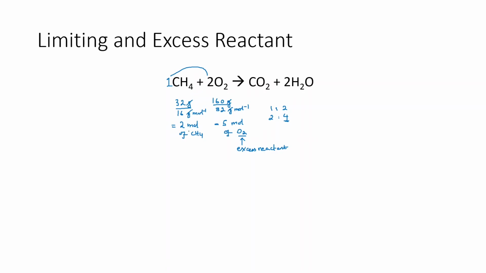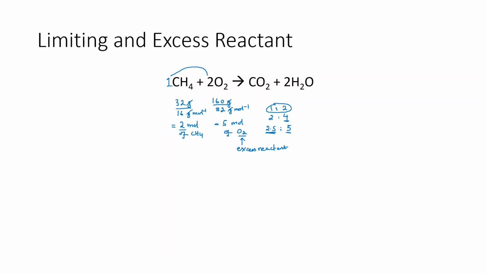And if we were to look at it the other way, let's say we had 5 moles of oxygen, then according to this 1 to 2 molar ratio, we would simply divide 5 by 2 to get 2.5, right? Just like we divide 2 by 2 to get 1, we divide 5 by 2 to get 2.5. So if we have 5 moles of oxygen and they were to react completely, then we will only need 2.5 moles of methane, but we only have 2.